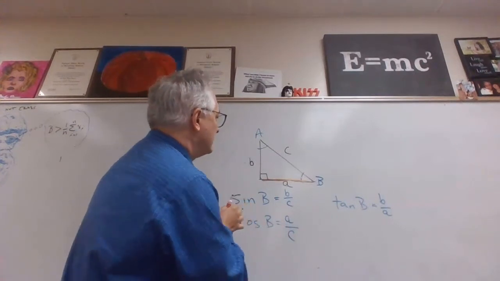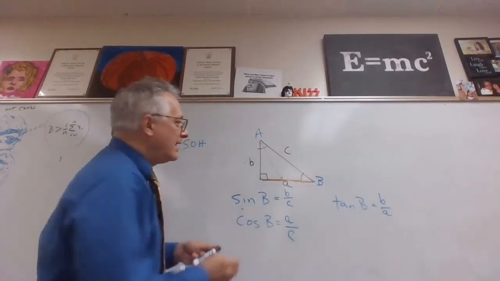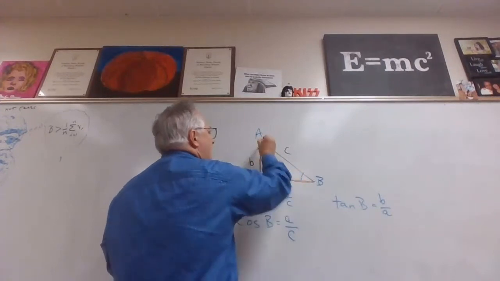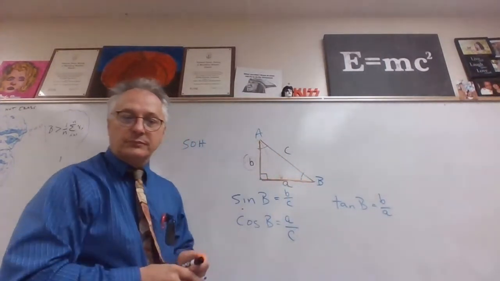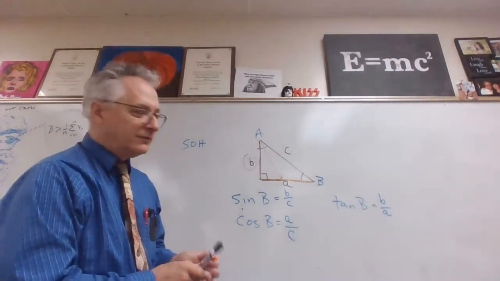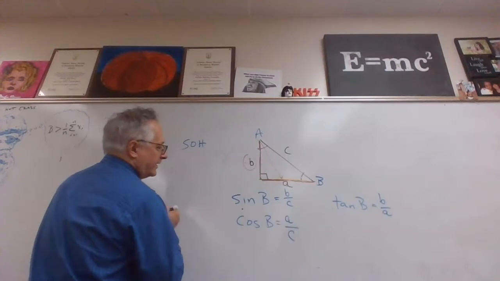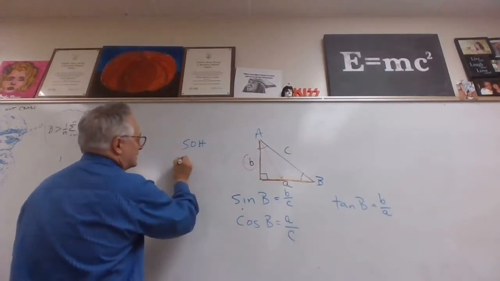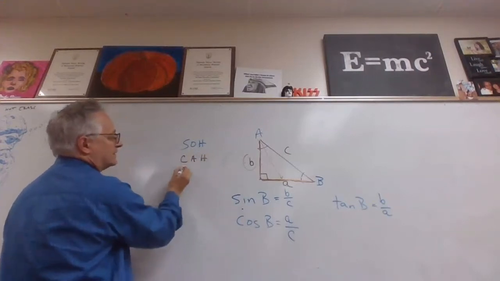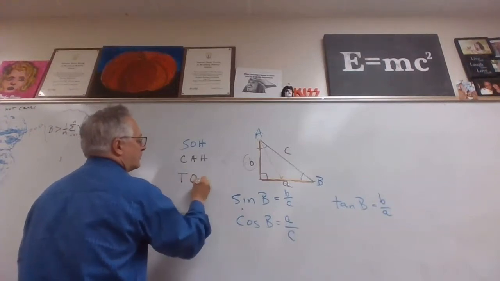In this case, the side opposite angle A is little a, and the side adjacent to angle A is our B. So let's look at the sine, cosine, and tangent of angle A. Now, first of all, I forgot to tell you, the cosine is adjacent over hypotenuse, and that's the CAH in SOHCAHTOA, and the tangent is opposite over adjacent.